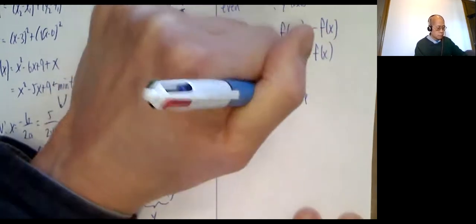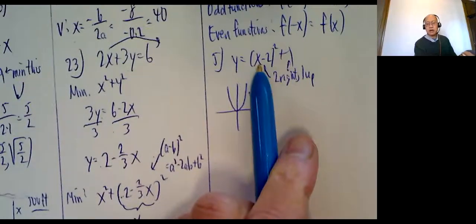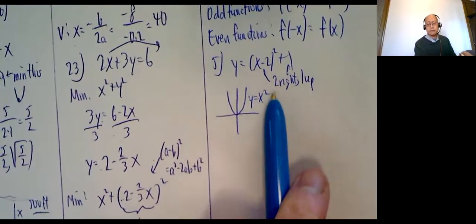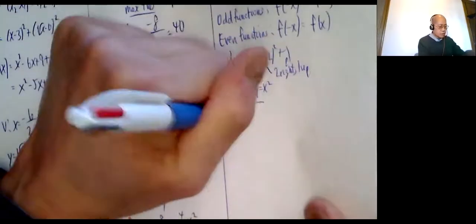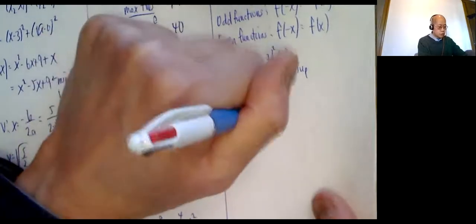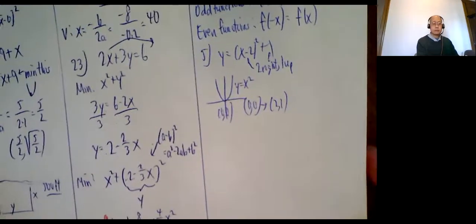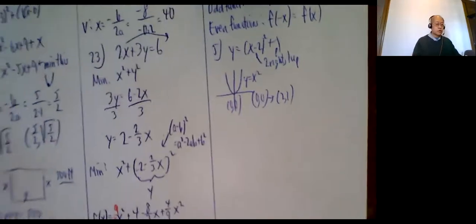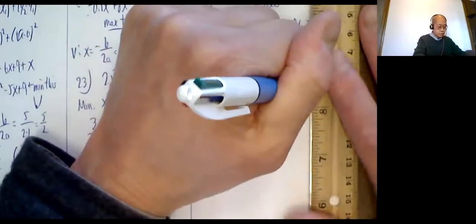Again, this one is counterintuitive. When you see the minus, you might think, oh, I'm going left. You're actually going right. So the easiest thing to do is just move the origin. So 0, 0. If I move 2 to the right and 1 up, I'm at 2, 1, correct? So I'll just quickly draw another parabola where the vertex is 2, 1.